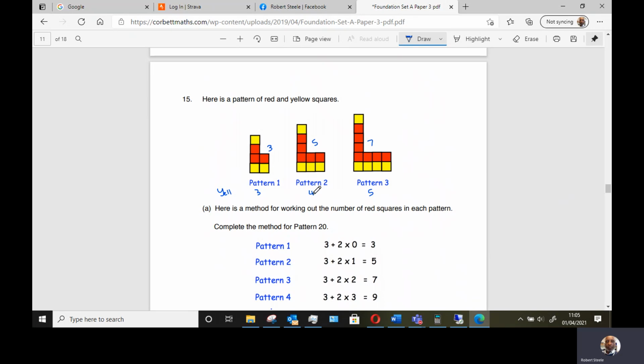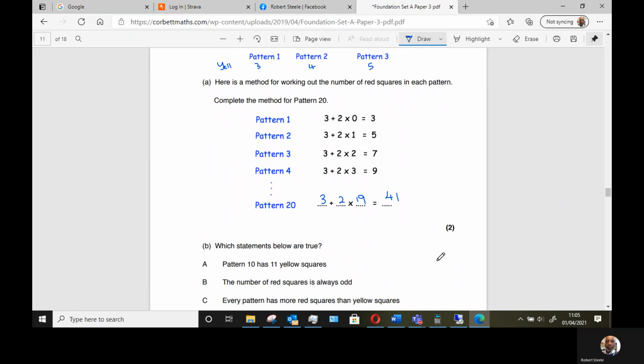Pattern 2 has 4, pattern 3 has 5. So pattern 10 would have 12 yellows. So that statement is false.